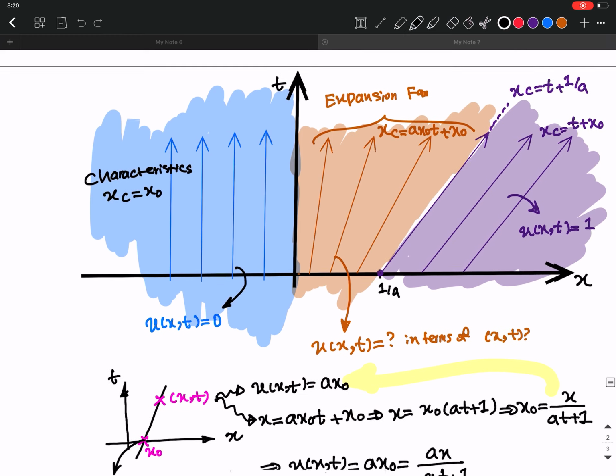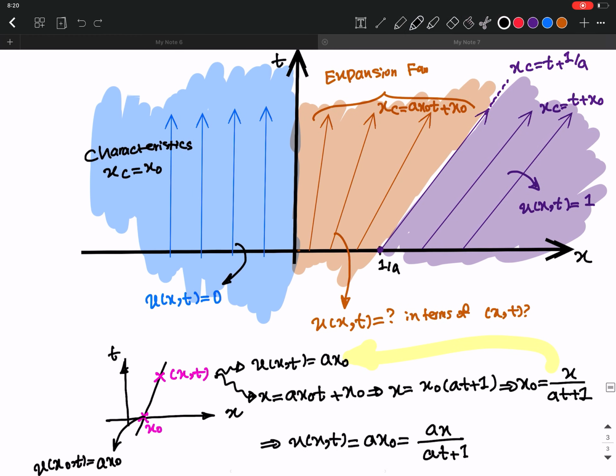So this is not a general case. This completely depends on your initial condition.